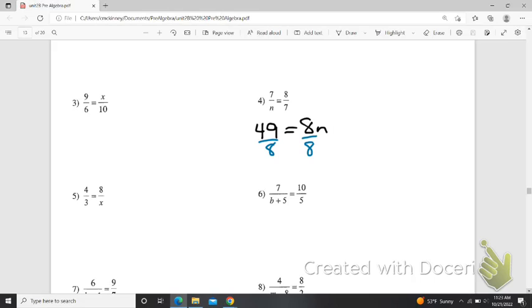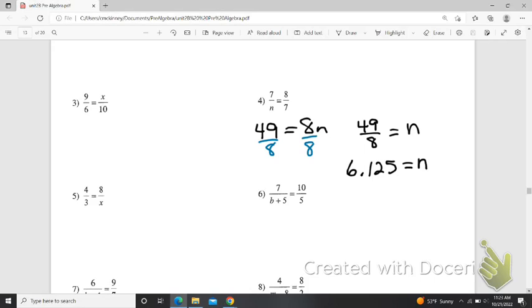So it would be acceptable to simply say 49 over 8 is equal to n. Now, because 49/8 is a terminating decimal, if I type that in my calculator, what I get is 6.125. So the decimal ends, it doesn't keep going after that, so either of those answers are okay.